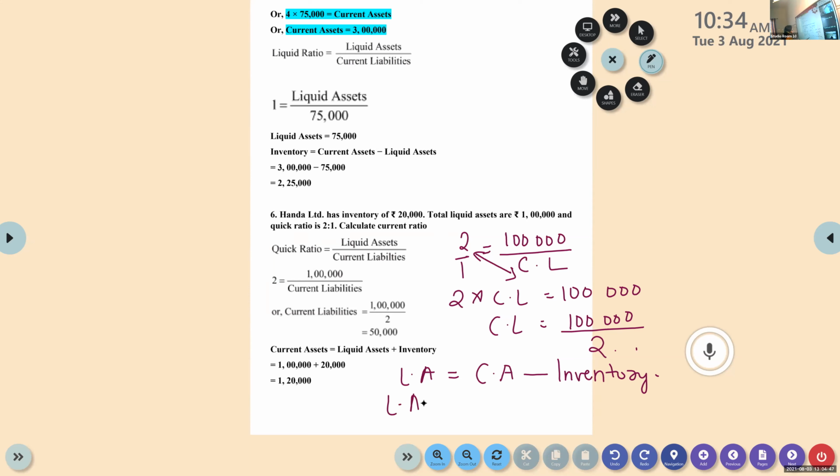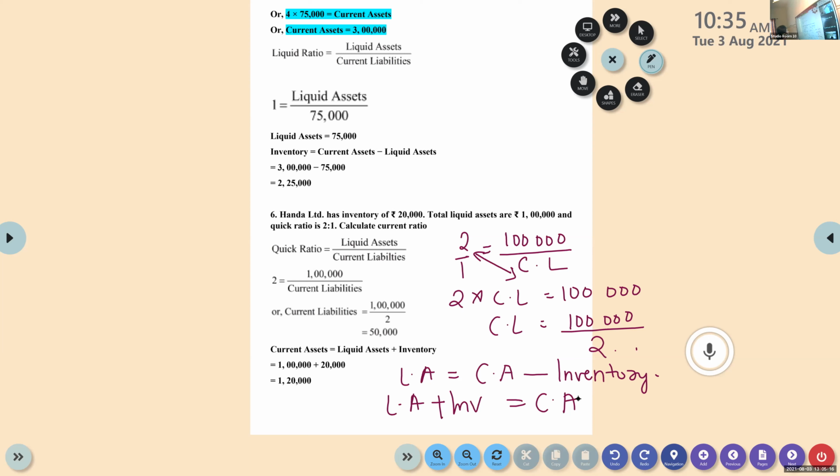Liquid assets plus inventory is equal to current asset. Liquid asset is 1 lakh given in the question. Inventory is also given in the question. So current asset is equal to 1 lakh 20,000.